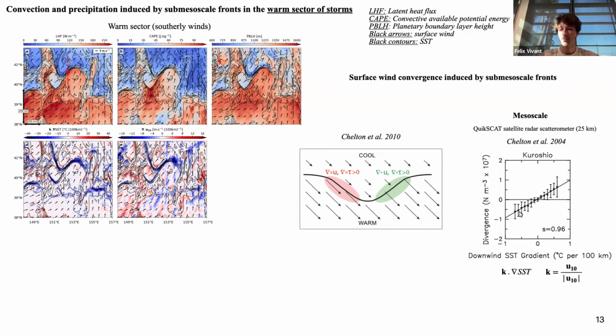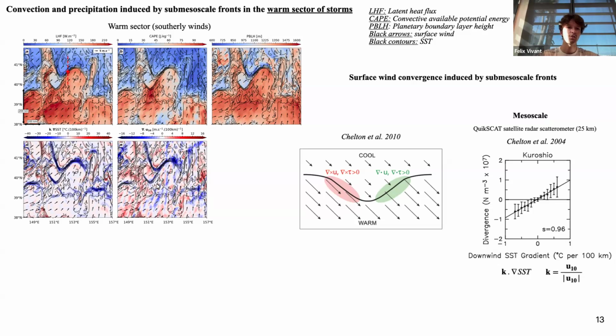It manifests as a positive correlation between the downwind SST gradient, defined as the scalar product between the wind direction and the SST gradient, and the divergence. Here it's the wind stress divergence, but it is more or less similar to the surface wind divergence.